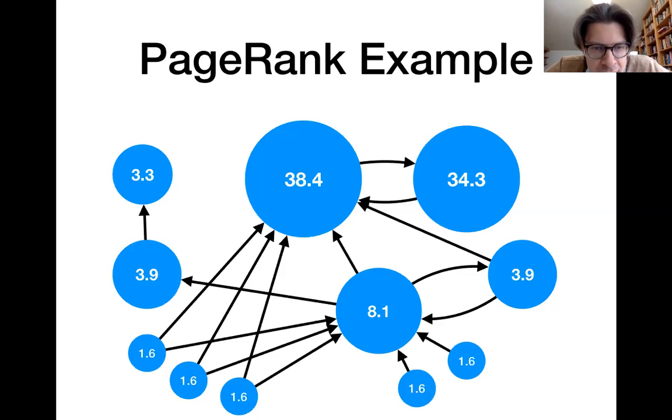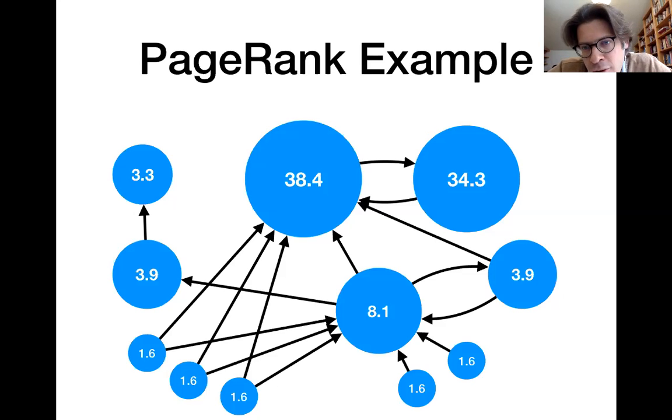As you see, PageRank is not evenly distributed, but those nodes on the top of the slide have most of the PageRank, and that is because they have many links pointing toward them.